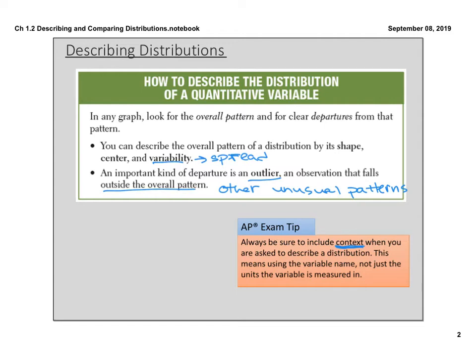So we have to give context when we're talking about these distributions. It says this means we need to use the variable name and not just the number. We also need to use the units of measure. We need to give inches or centimeters or time or seconds or whatever it may be, or dollars. There's tons and tons of different labels, and we have to identify what it is that we're talking about.